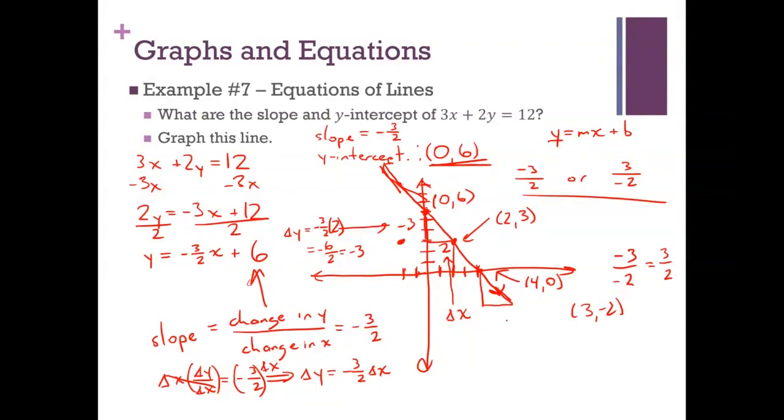Down 3 over 2 will put me at 6, -3. Or I can go down 30 and right 20. So it doesn't even have to be -3 and 2 every time. It just has to fit that ratio, as long as the change in y is exactly -1.5 times, or -3 over 2 times, the change in x. That's the thing that's going to be consistent every time.